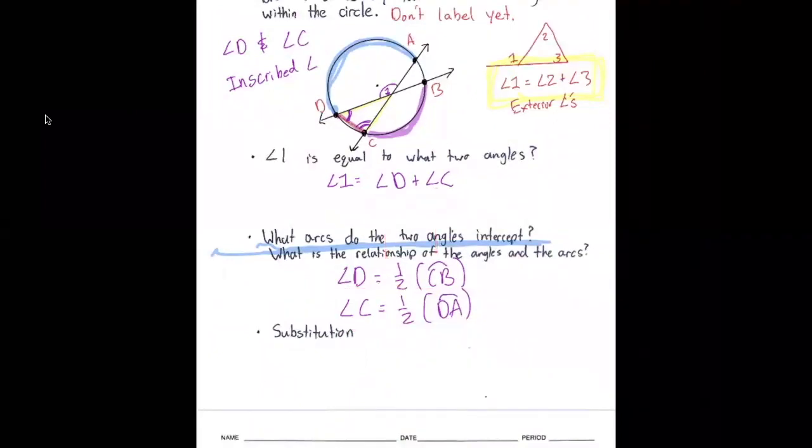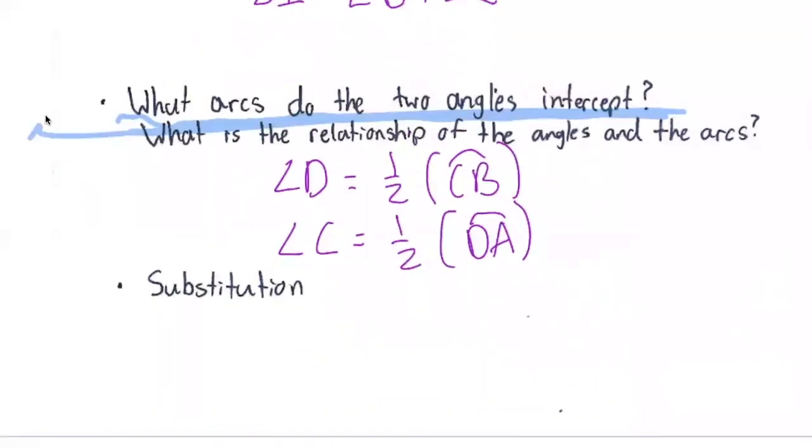So now I'm going to have angle 1 is equal to 1/2 CB, which is angle D, plus 1/2 of arc DA.